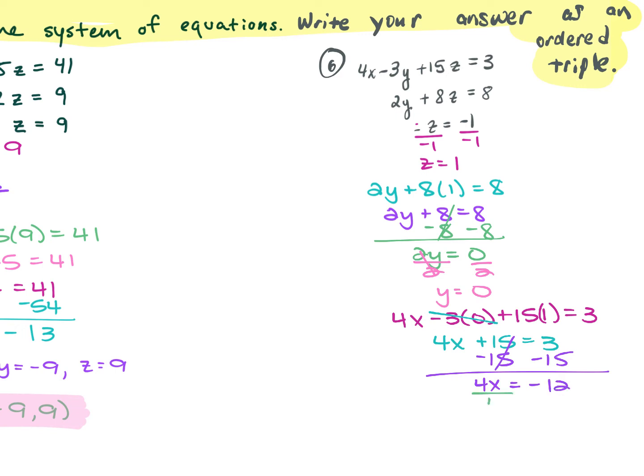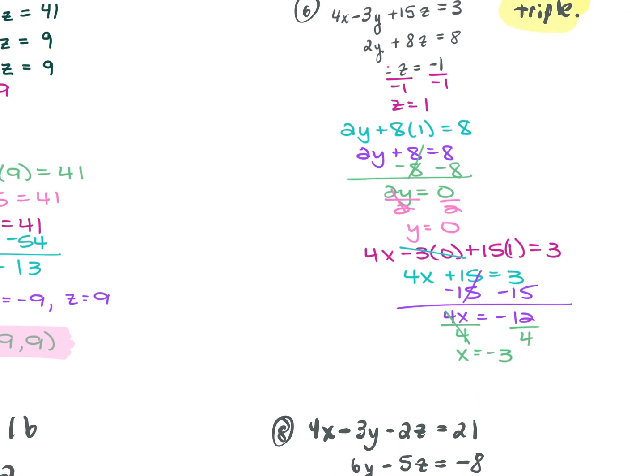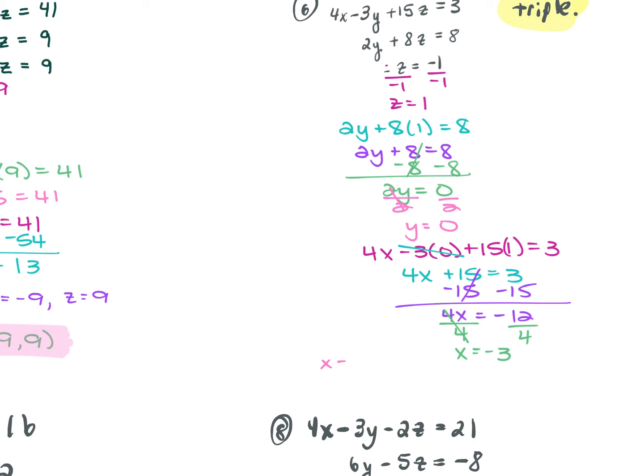Divide each side by the 4, and that gives you that x is negative 3. So you have an x that's negative 3, a y that is 0, and a z of 1. As an ordered triple, that's negative 3, 0, 1. And that is your solution.